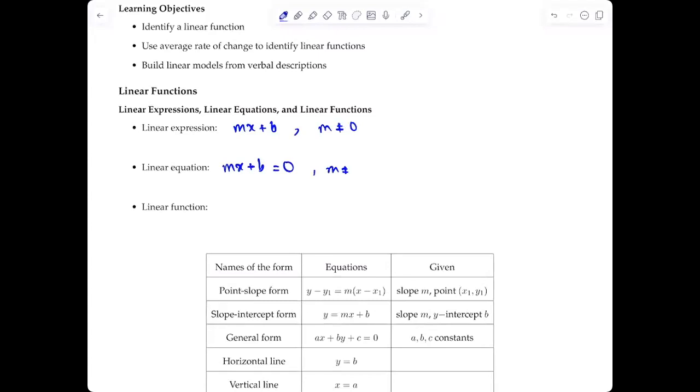Again, you have to impose the condition that m is different from 0. Now you take mx plus b and set it equal to an output, y, and you have a linear function: y equals mx plus b, again with m different from 0.